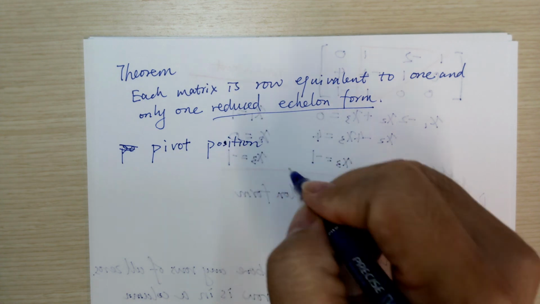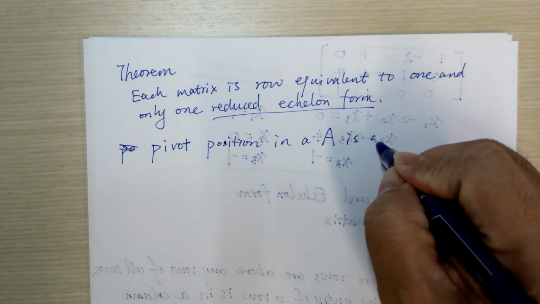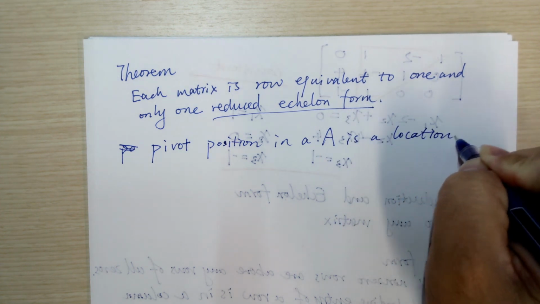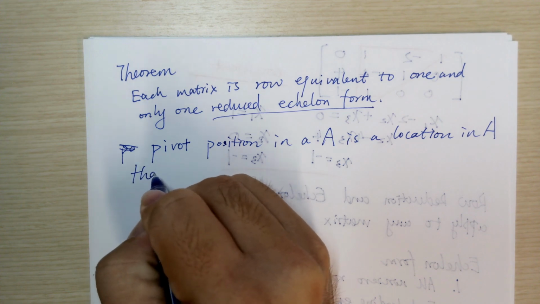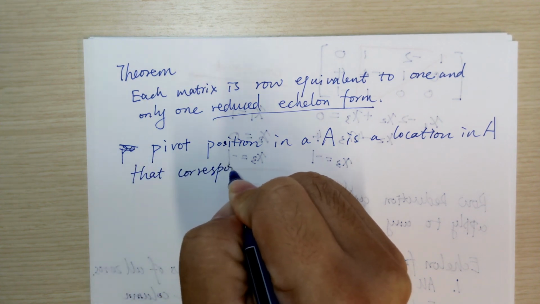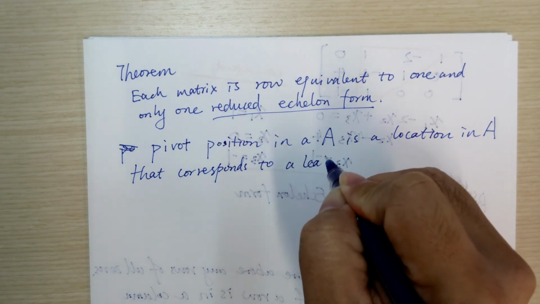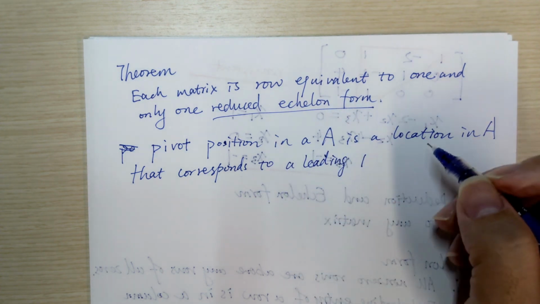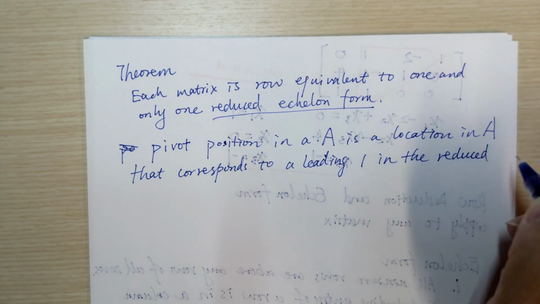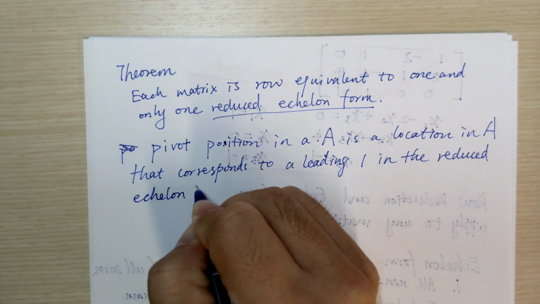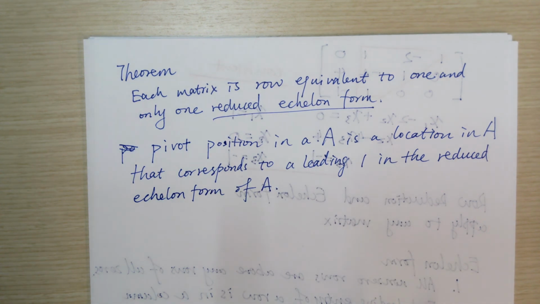A pivot position in a matrix A is a location in A that corresponds to a leading one in the reduced echelon form of A.